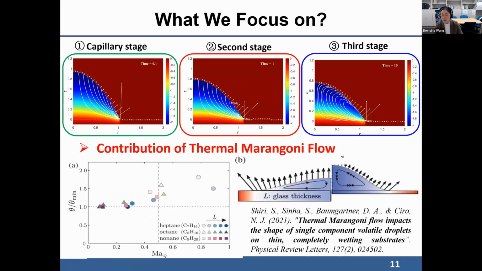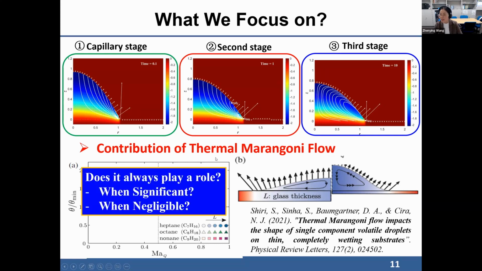Another question: in this paper by Sarah's group, they point out that the thermal Marangoni flow can have some influence on the shape of a single component volatile droplet on a thin and completely wetting substrate. So the question is, does the thermal Marangoni flow always play a role for different kinds of liquid and on different kinds of substrate? This is a question.